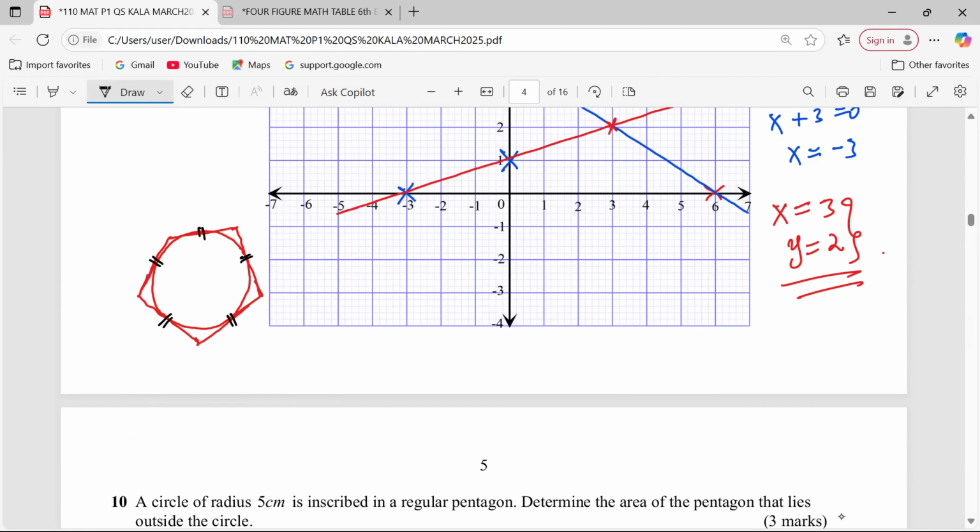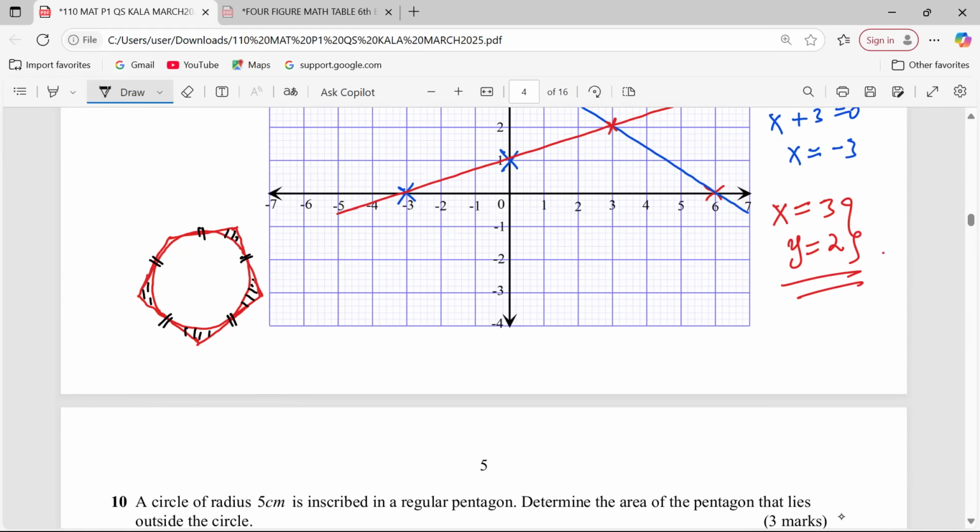So what do we want? The area of the pentagon that lies outside the circle. That lies outside the circle means we need the areas at those points. So we can take the area of the whole pentagon minus the area of the circle, because the circle is inside the pentagon.